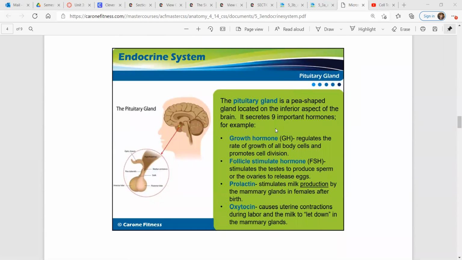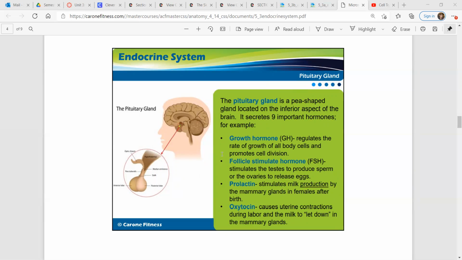The pituitary gland is a very small pea-shaped gland located on the inferior aspect of the brain. So here we have it right there. And it secretes 9 important hormones. We have the growth hormone, or GH. That regulates the rate of growth of all body cells and promotes cell division.